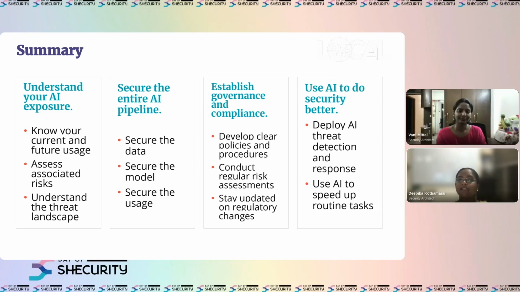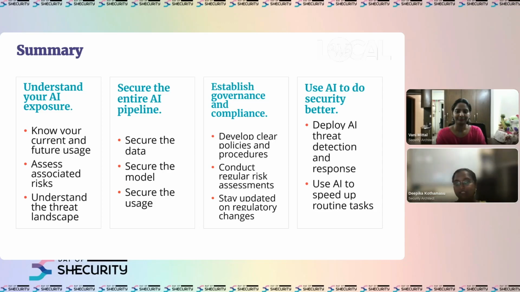And ensure that ML DevSecOps is in place, wherein you are securing the entire AI pipeline, which means securing not just the data and associated model, but also how it is used at all stages, whether in transit, at rest, or in use.